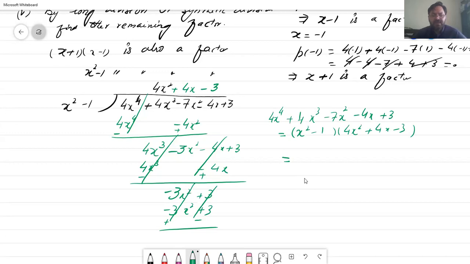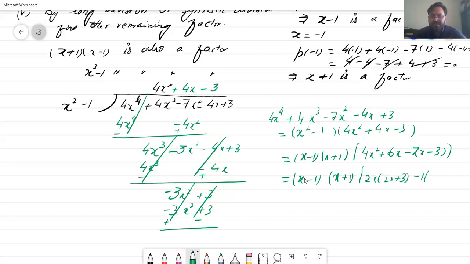That is x minus 1 and x plus 1. Write 4x square plus 6x minus 2x minus 3. Taking 2x as common, and minus 1 as common, we get 2x plus 3. So the whole quartic expression has been changed into these four factors.